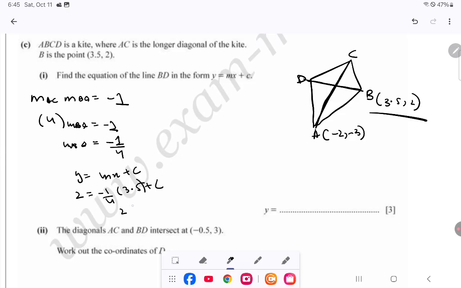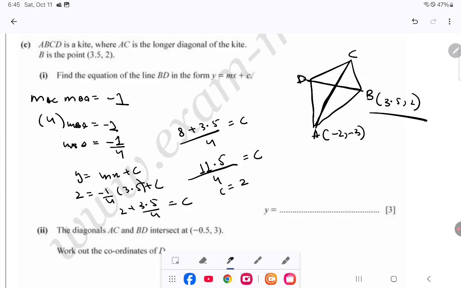Now 2, add 3.5 over 4 to both sides, so 2 + 3.5/4 is equal to c. Solving further, (8 + 3.5) over 4 is equal to c, and it becomes 11.5 over 4 is equal to c, and c will be 23 over 8 if we calculate it further.